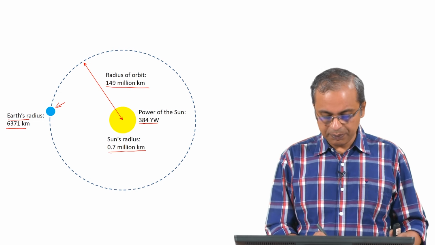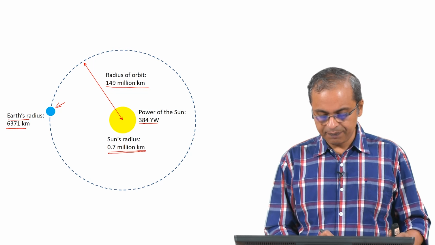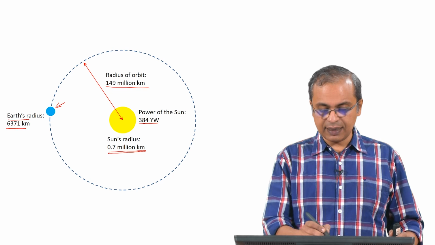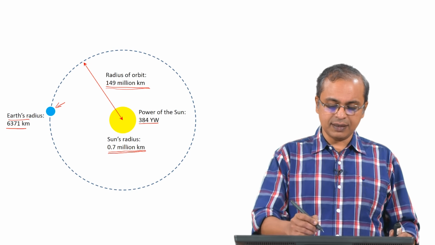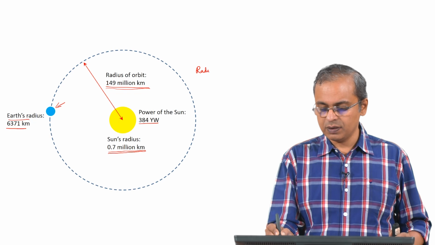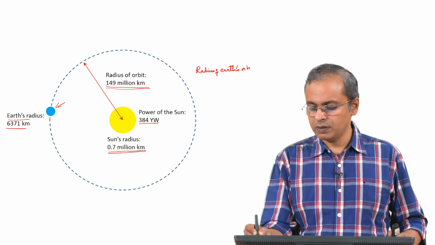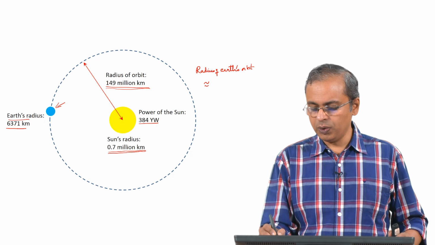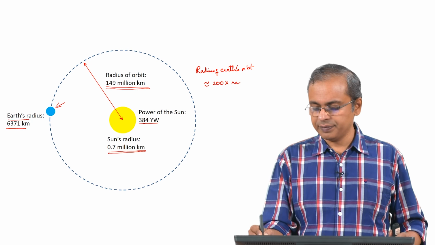For example, the sun is only 0.7 million kilometers in radius, and this orbit is 149 million kilometers. So technically, the radius of the Earth's orbit is approximately 200 times the radius of the sun.